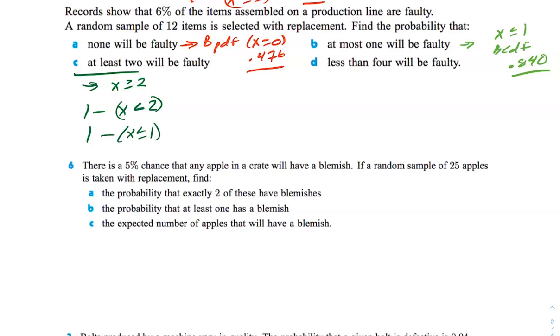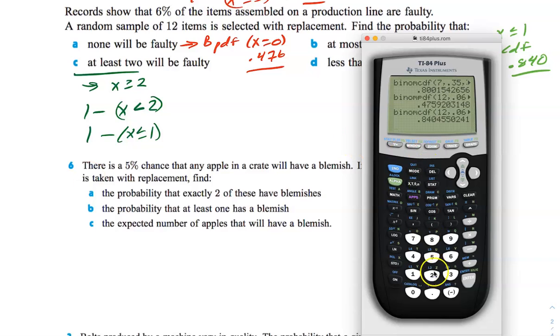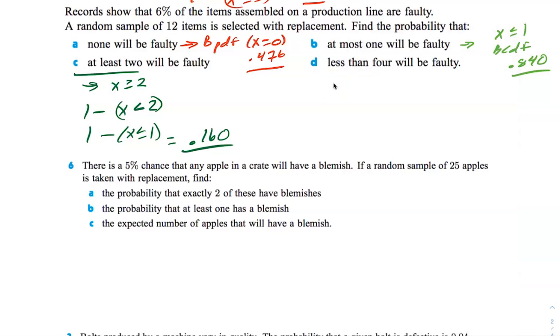So to put that into my calculator, luckily some stuff will be saved there. So 1 minus second distribution, binomial CDF. That is good. Hit enter. About 0.1160366.